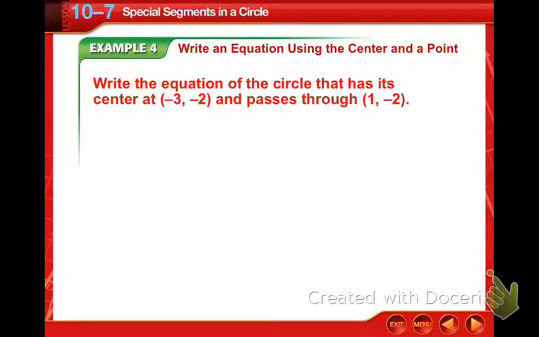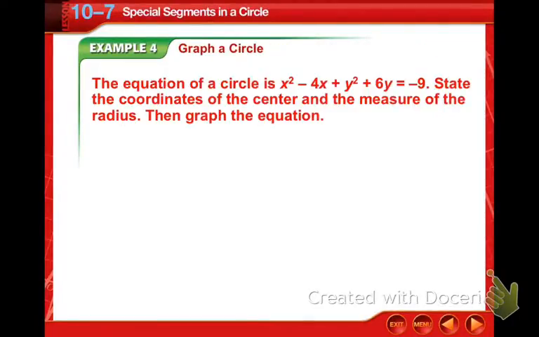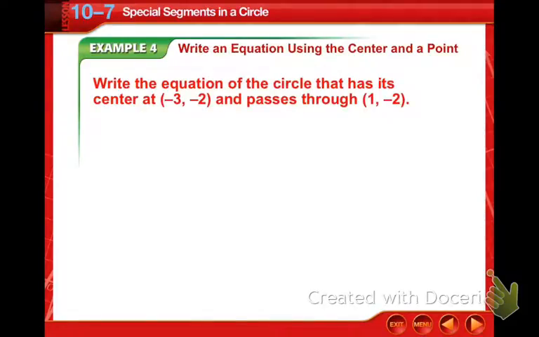Now, this one gives us the center and a point that it passes through, but that point is on the same line in the x or in the y, so that means that we just look at the distance that the x would be. So our x values being negative 3 and 1, the distance between negative 3 and 1 is 4, right?